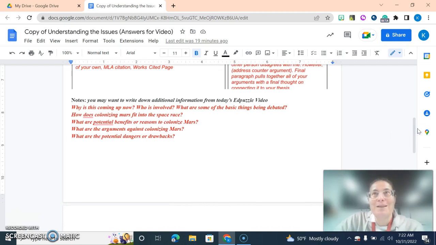You really want to be looking for certain things when you're reading these articles, and taking notes on that information will help you when you go to write your paper, because you'll have all those notes down and you won't have to go back and reread the research. So remember, you're thinking about, why is this coming up now? What is currently happening? Who's involved? You want to know, how does colonizing Mars fit into that space race concept?